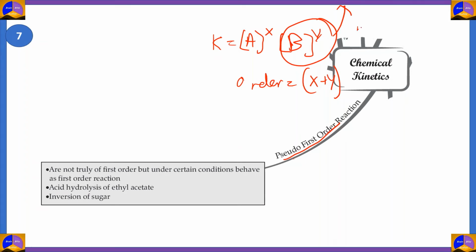Therefore, there is no net change. So then K will be dependent on A, so it will be in a different order. That is known as a pseudo first-order reaction.